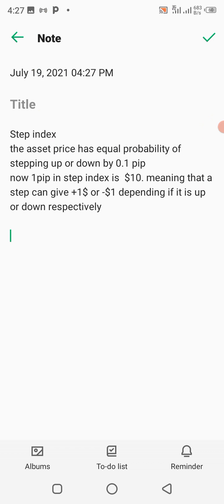Now, pip here means point in price, please. That is the change in price with respect to the initial price. In forex market, price keeps changing. Okay, the same thing happens in synthetic market. Price keeps changing. The volatility in synthetic market is higher than that in forex.